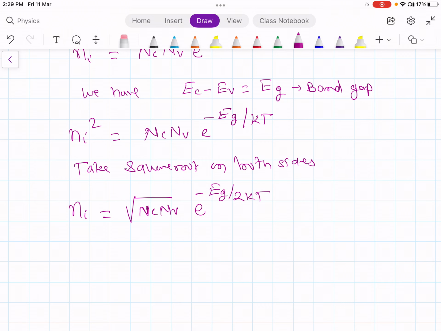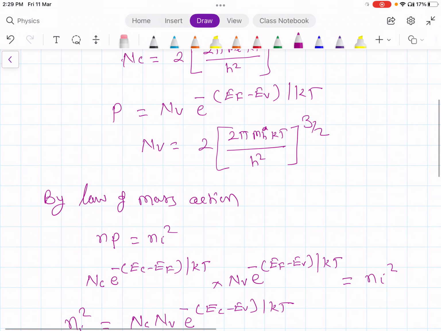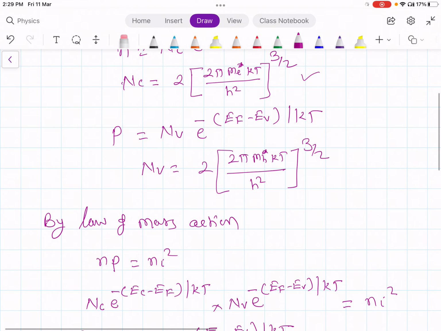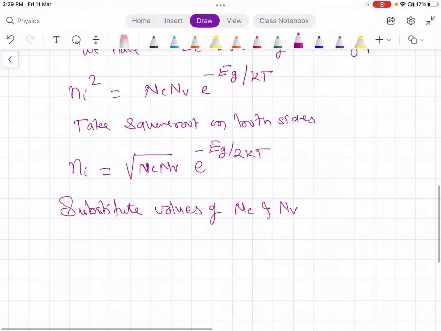Now in this equation, substitute the values of Nc and Nv. We know that this is the value of Nc and this is the value of Nv. Let us substitute this in this equation and rewrite it.